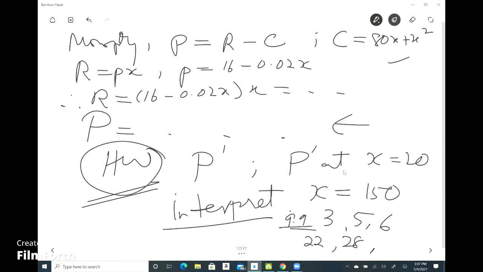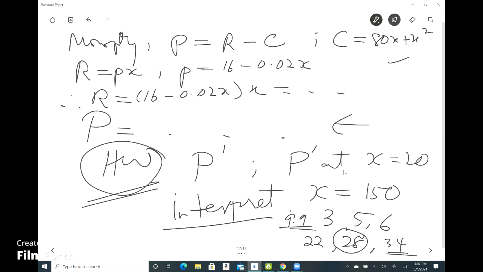And then some of the questions they give you already the profit function. So profit function, you do the question number 34. Okay, do number 34. Now number 28 though. Okay, number 28. They give you the price. So for 28, you do demand function.